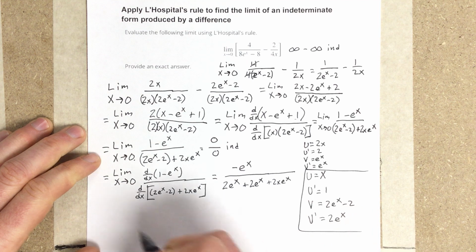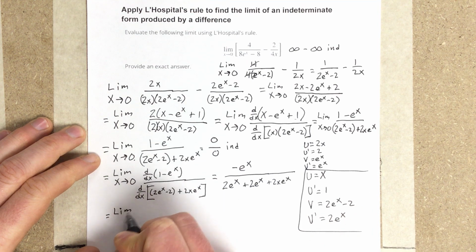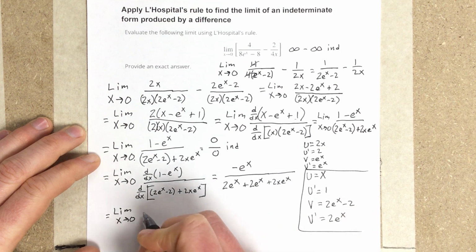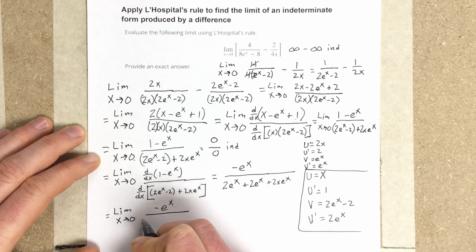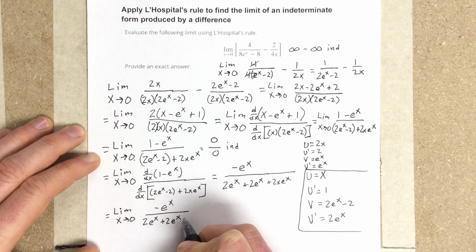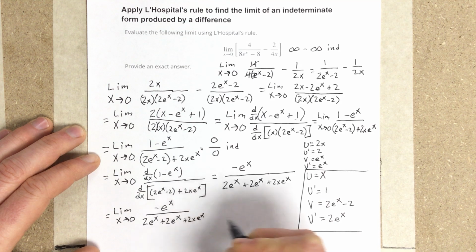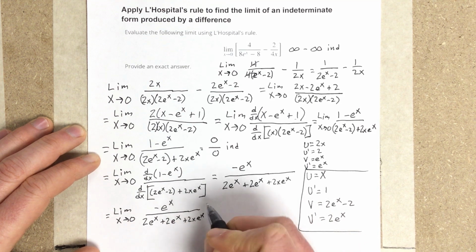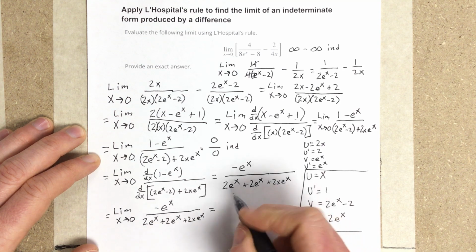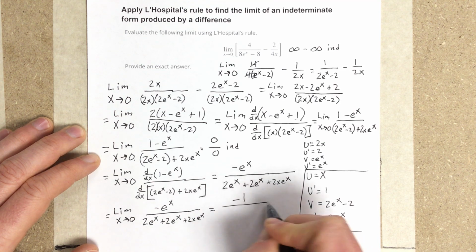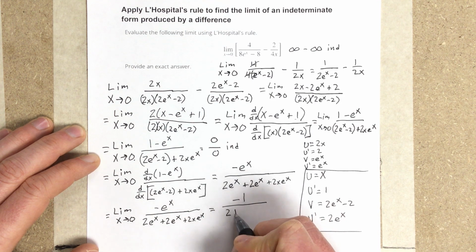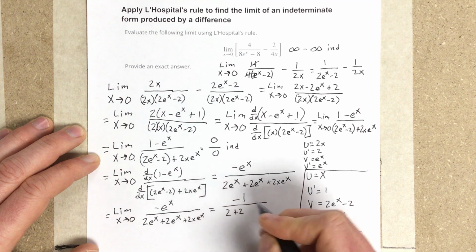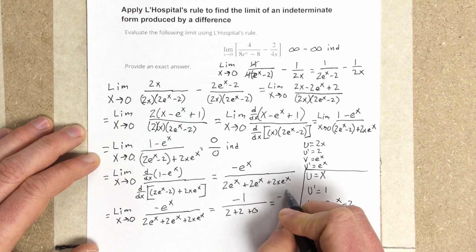Okay, now I want to evaluate this limit. The limit as x approaches 0 of negative e to the x over 2e to the x plus 2e to the x plus 2x e to the x is going to equal, plug in 0 here, I end up with negative 1, over, plug in 0 here, I get 2, 0 here, I get 2, so I have 2 plus 2, and then plus 0, so I get negative 1/4.